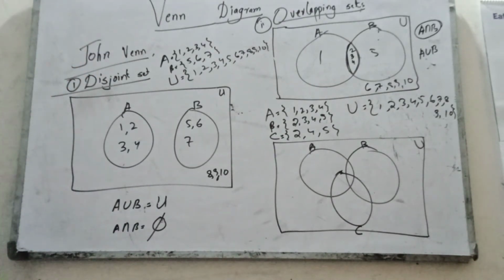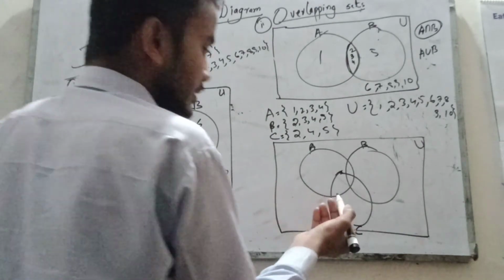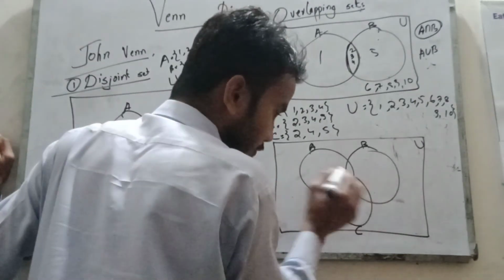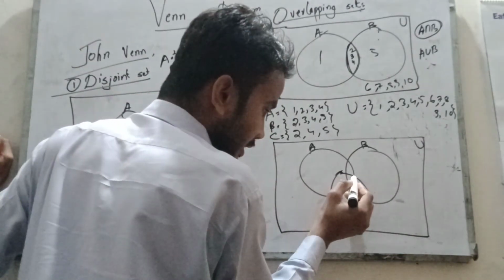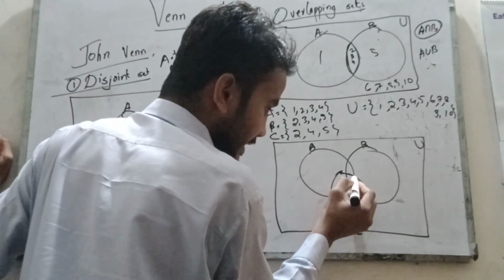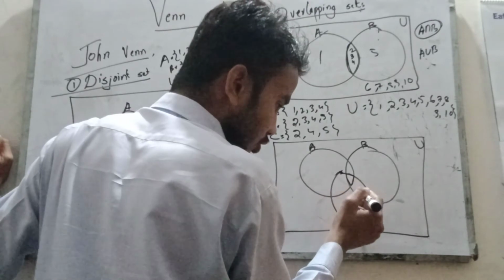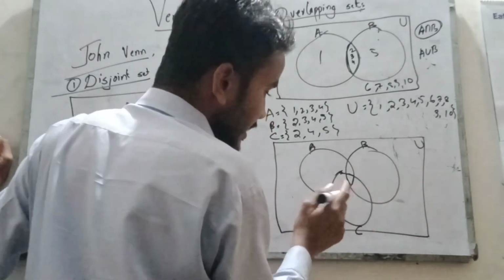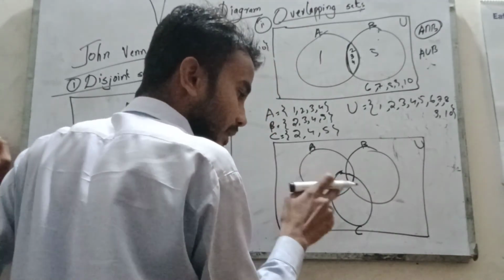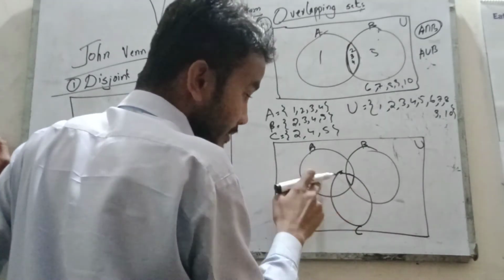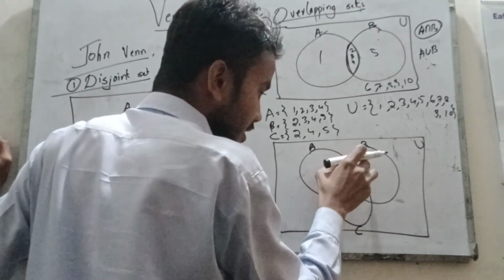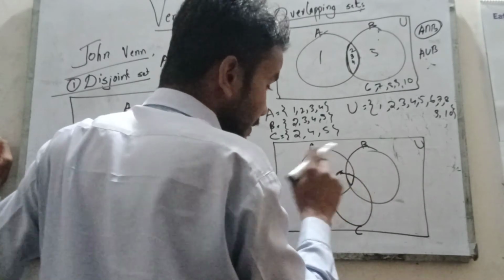So now we are coming to the third example. This portion, if you see here, is the common elements of three sets. This portion is the common elements of B and C. This portion is the common elements of A and C. This portion is of the common elements of what?